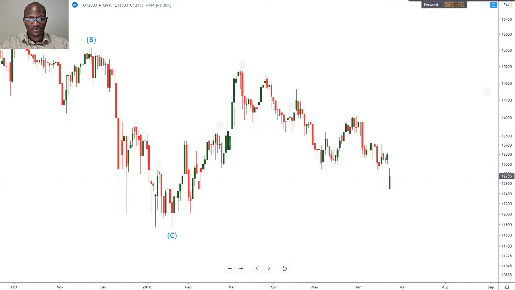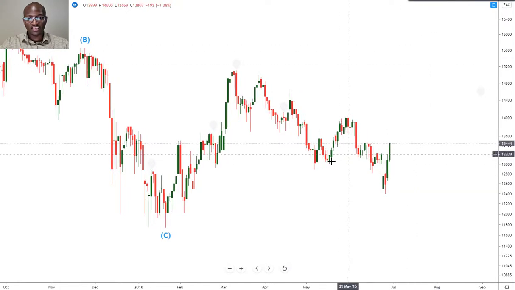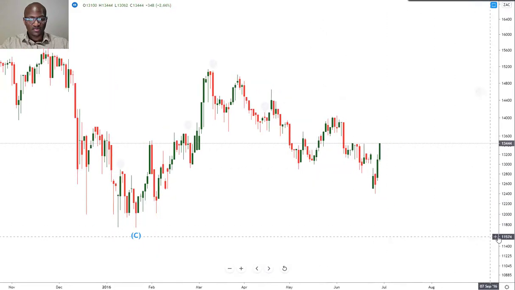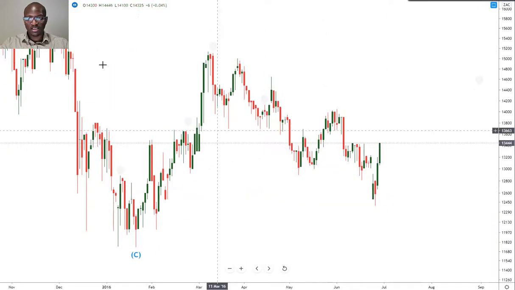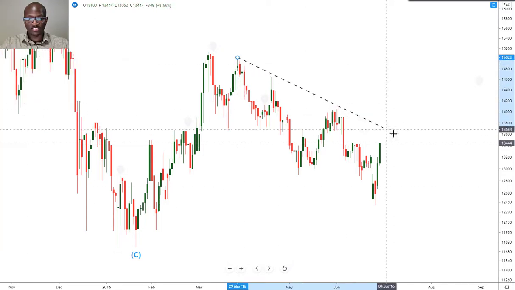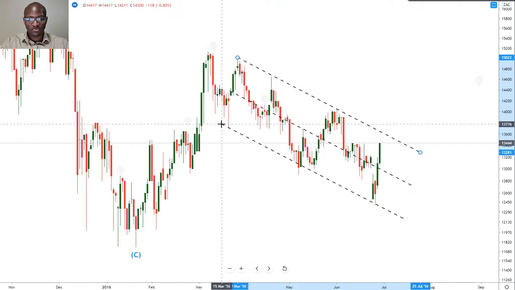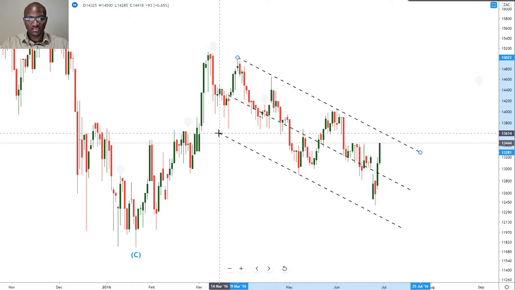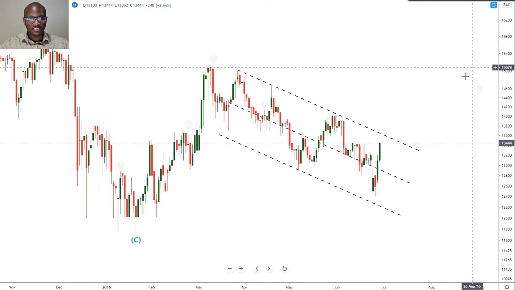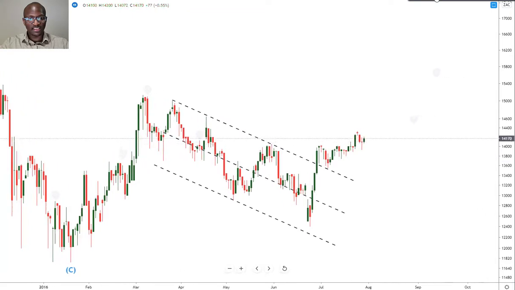Okay, and we see a bit of volatility, and then the market will start to push up. So at this juncture here, we can see that this was really a corrective move, and we can show that in the channel. And then the market starts to push up aggressively again.